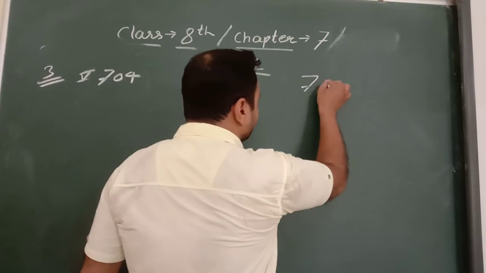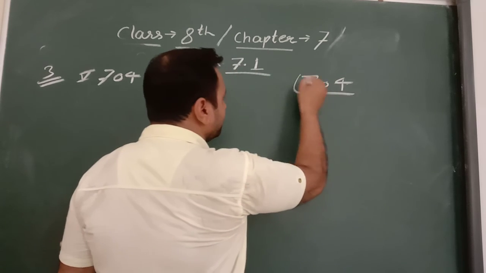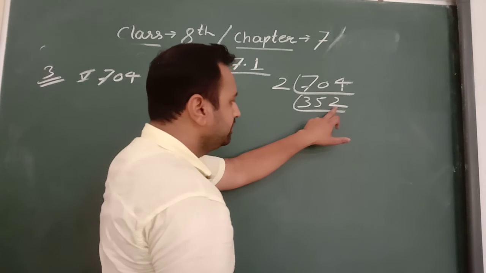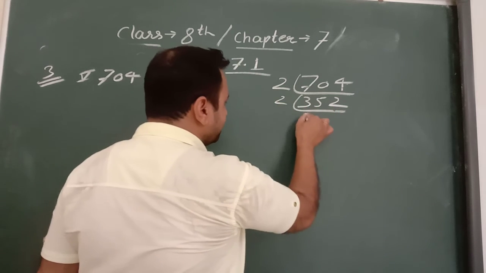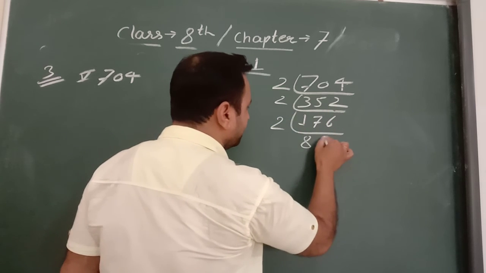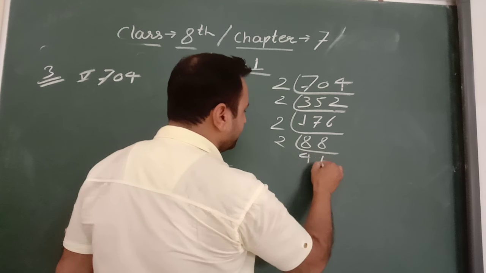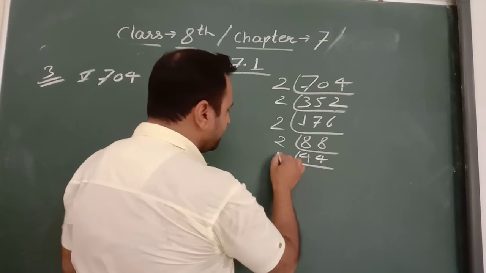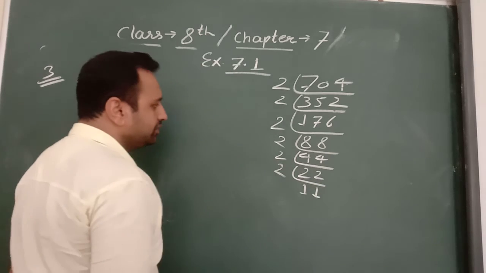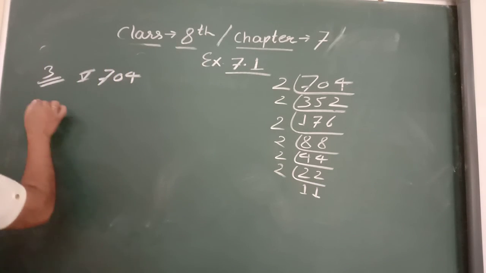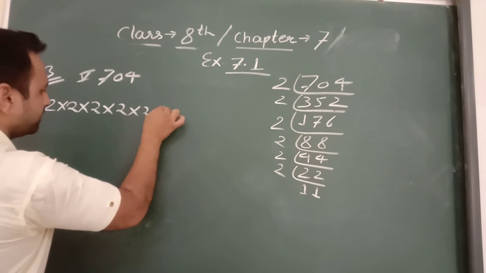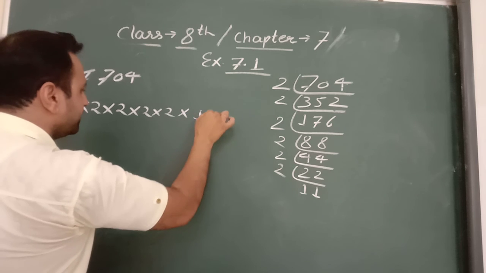Now prime factors of 704: last digit 4, divisible by 2, again last digit 2, so divisible by 2. 44 again divisible by 2, and 11 is a prime number, so its prime factors are 2 multiply 2 multiply 2 multiply 2 multiply 2 multiply 11.